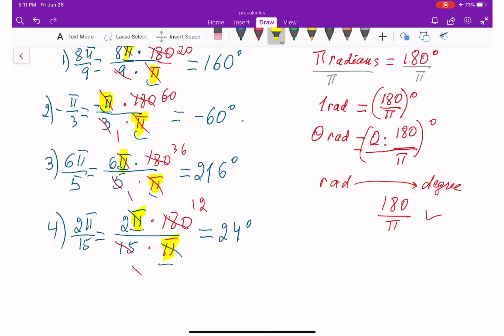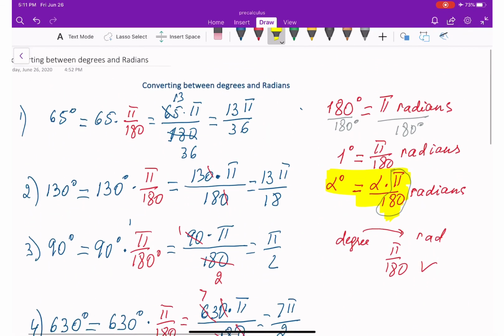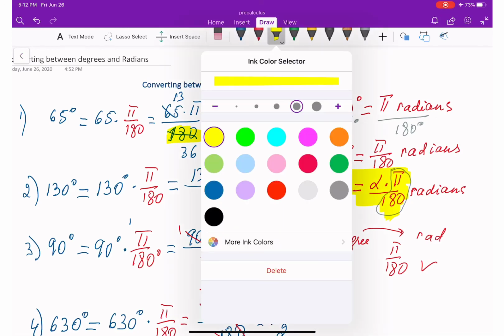Okay? Now, when you convert degrees to radians, then you want the degree gone, right? You want pi to stay. That's why you always divide by degree, see? It's always in the denominator, so you can reduce, and pi stays in the numerator. Pi has to be in the numerator, so it will come out. Okay?